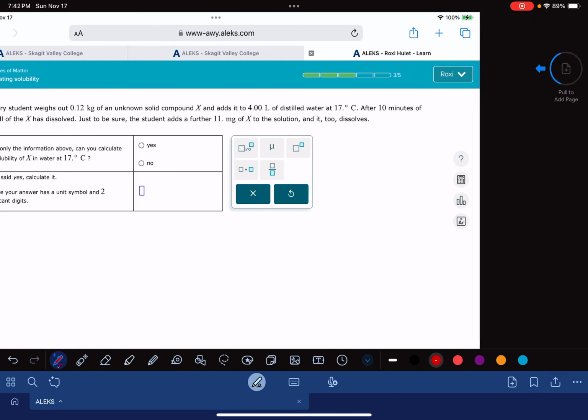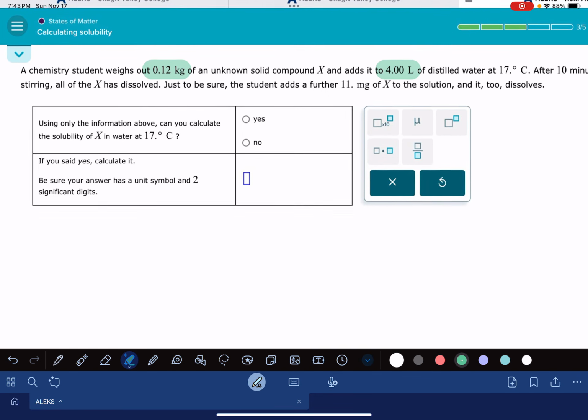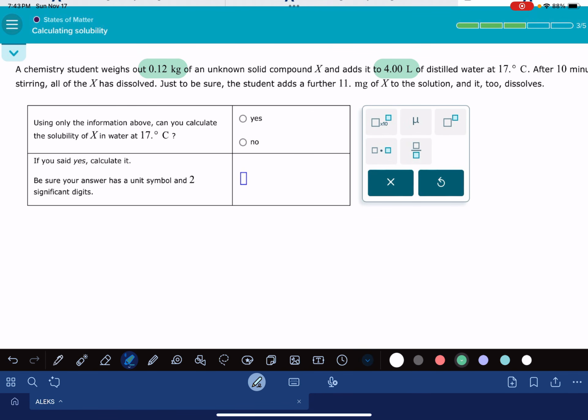Maybe that was the last one. Oh no, there's one more. Okay, this is the last one that I'm going to do for you. Here we have 0.12 kilograms, 4 liters of water. All of the X has dissolved, not saturated, because it all dissolved.